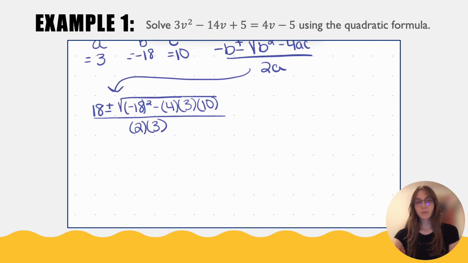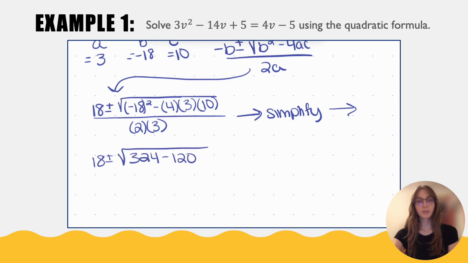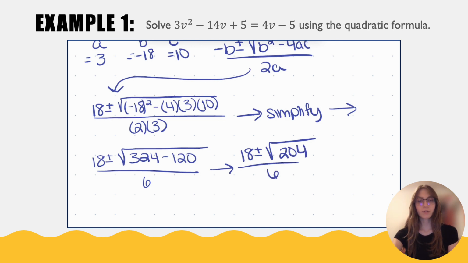Then we can simplify this by multiplying all of our values out. This gets us 18 plus or minus the square root of 324 minus 120 all over 6. And again, we can simplify further by subtracting those numbers, which gets us 18 plus or minus the square root of 204 over 6.